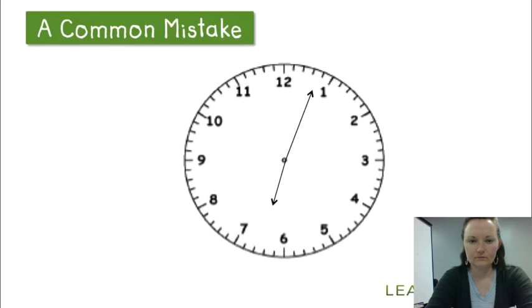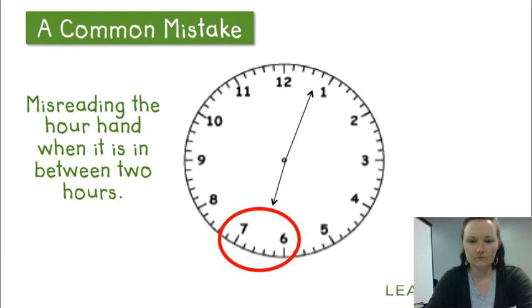And a common mistake that happens when you're reading the hour and the minute is that usually the hour hand is going to be pointing in between two numbers on the clock. So this hour hand is pointing in between 6 and 7. So is it 6 o'clock or 7 o'clock? And what you need to realize is that it's 6 o'clock because the hour hand has not reached 7 yet.